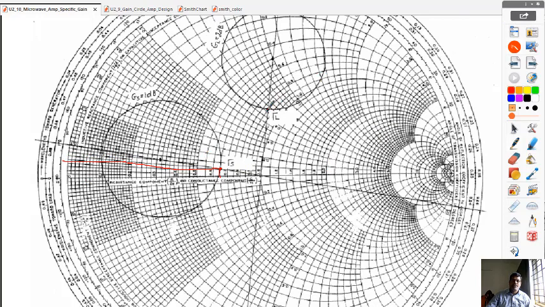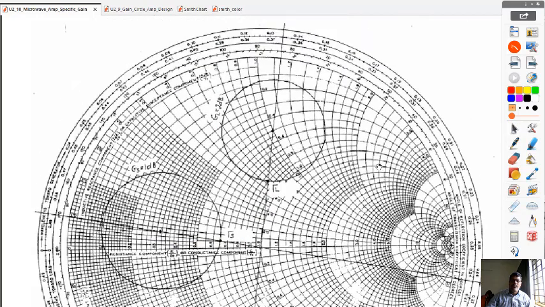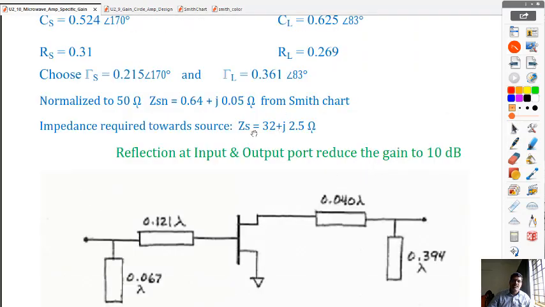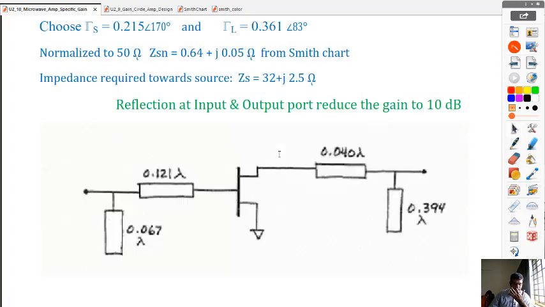Similarly, in this case also, this will be the real part value and this will be the corresponding imaginary part value. Once we read those, Z is read as 0.64 plus j0.05 from the Smith chart. After doing the denormalization, that is multiplying by 50 ohm, the actual source impedance will be 32 plus j2.5 ohm. Similarly, we can compute it for the load side also.